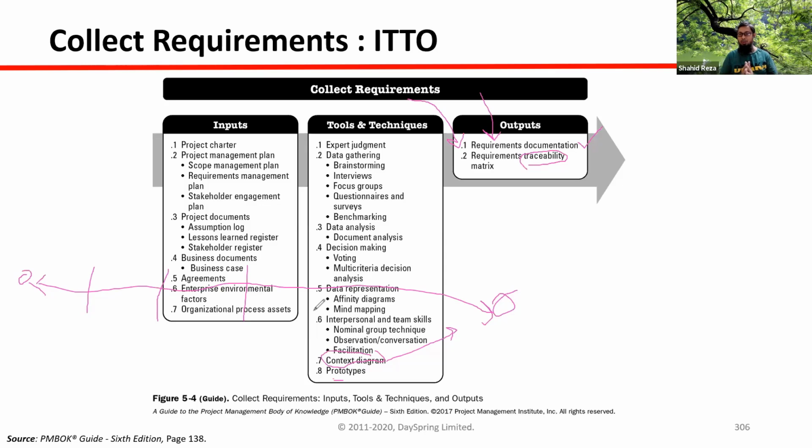So if you can trace the end-to-end requirements life cycle, then at any time, if there is any issue related to requirements, we can easily solve it. So that is a great tool that can help us. We'll see a template of this requirements traceability matrix in later slides.